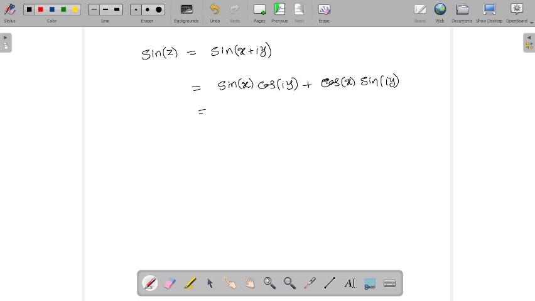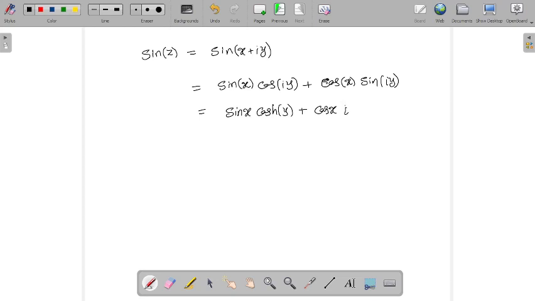Now you know cos of iy is the same as cosh y, so this is sine x into cosh y plus cos x into sine iy, which can be written as i sinh y.